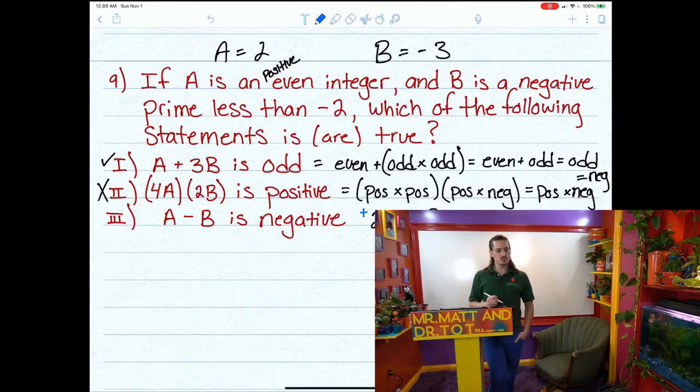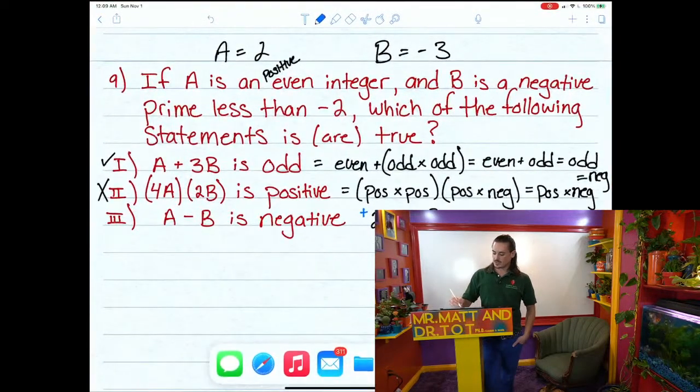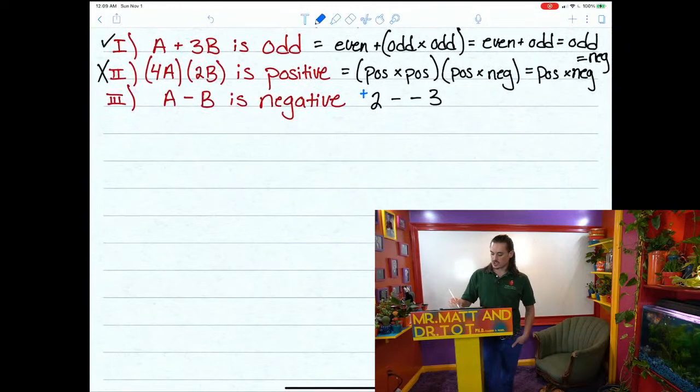If we leave the 2 alone, which is implicitly positive, and we change the operation and change the second sign, notice that positive 2 minus a negative 3 is the exact same thing as positive 2 plus a positive 3, which would give us a positive result. So statement 3 is not true, so our only true statement here is statement 1 only.